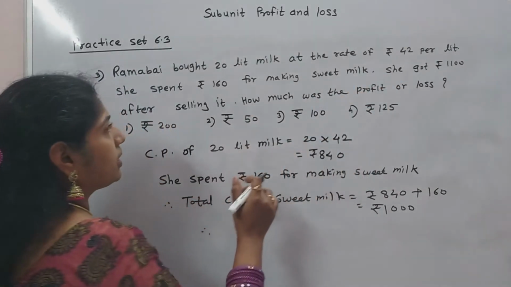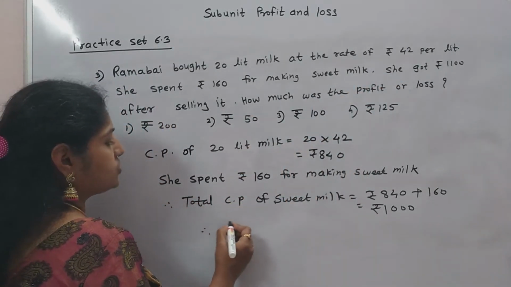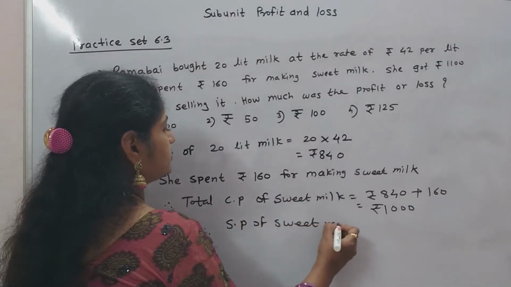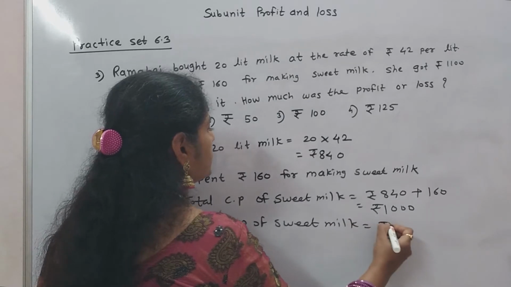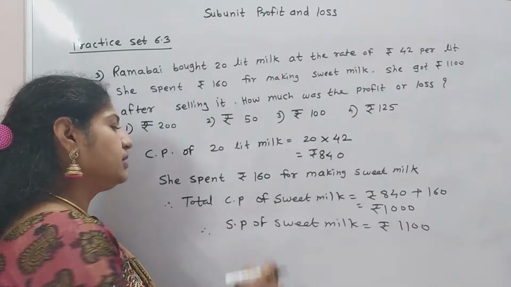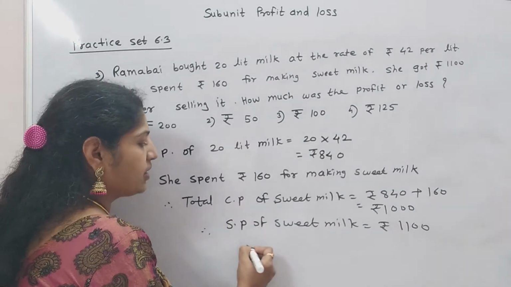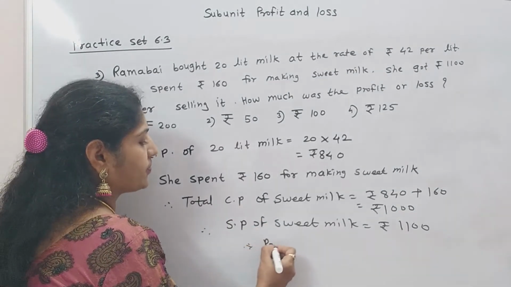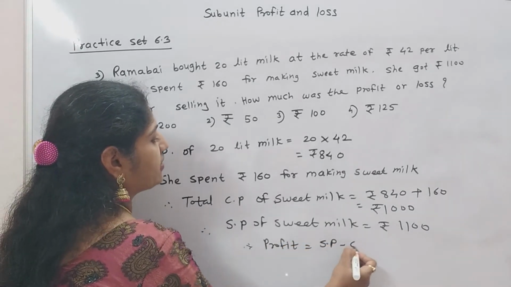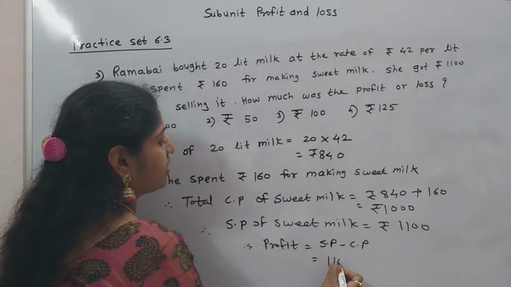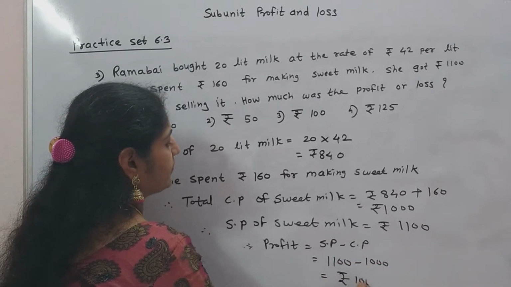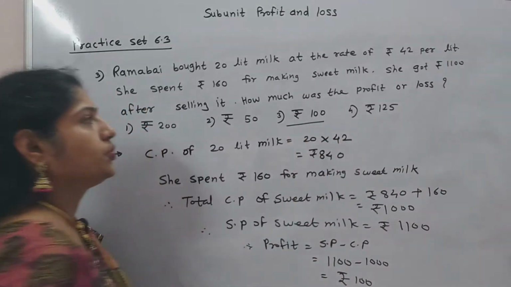She got 1100 after selling it, so the selling price of the sweet milk is rupees 1100. Selling price is greater than the cost price, so there is a profit. Selling price minus cost price, 1100 minus 1000, profit is rupees 100.